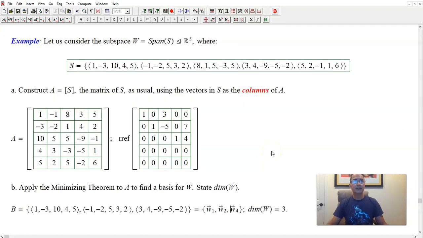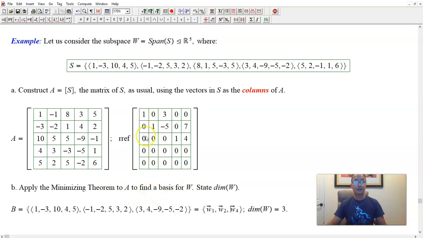All right, so let's take a look at the last example that we did, where we had a subspace of R5, and here are, let's call them W1, W2, W3, W4, and W5. What did we do? We made the matrix of S, as usual, with these vectors in the columns of our matrix. We look for the REF to apply the minimizing theorem.